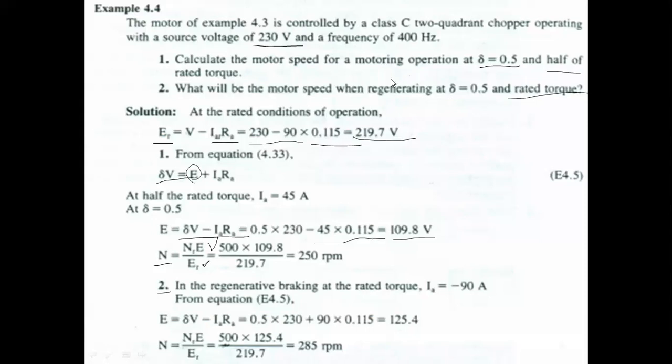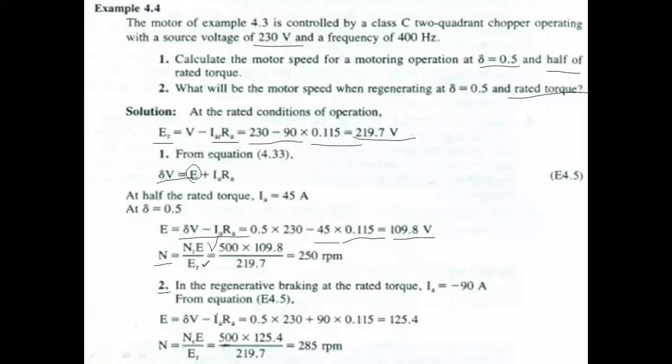In the previous example, we considered the motoring operation. Now we have to consider the regenerating operation, at delta equal to 0.5 and at rated torque only. Before, we found the half torque; now we have to find the rated torque only.